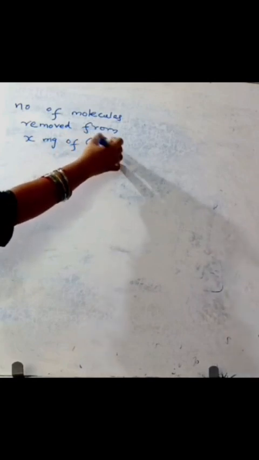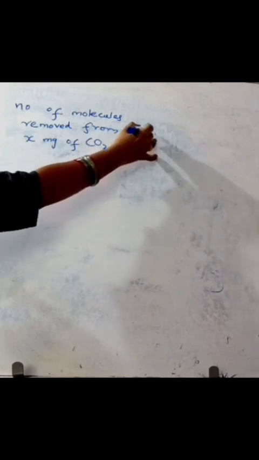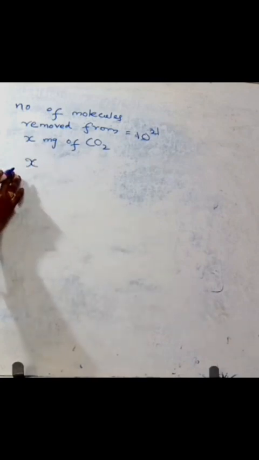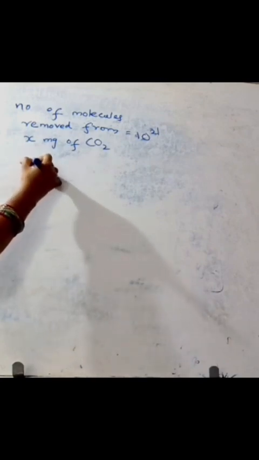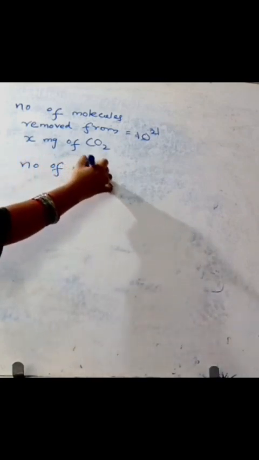Number of molecules removed from X milligrams of CO2 is 10 power 21. This number of molecules removed, we have to convert into number of moles removed.